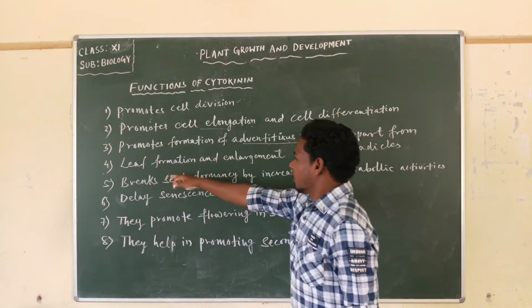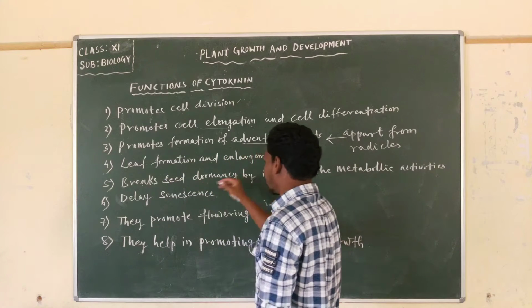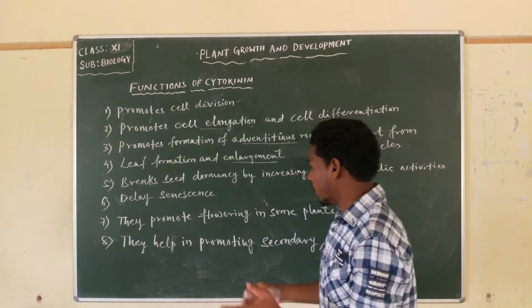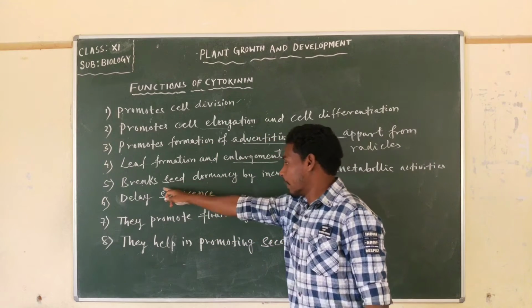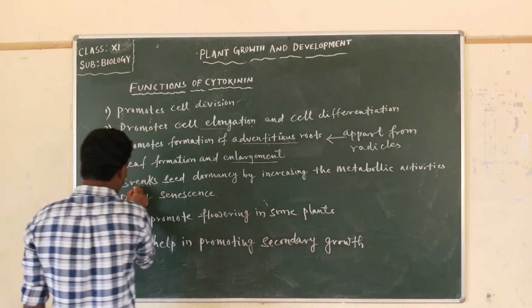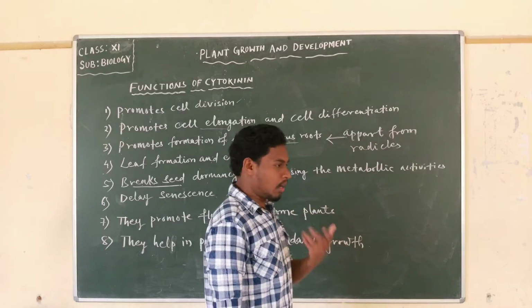Next, it also helps in leaf formation and enlargement. The formation of leaf and its enlargement is brought about by the help of cytokinin. And the fifth function is it breaks seed dormancy. How?